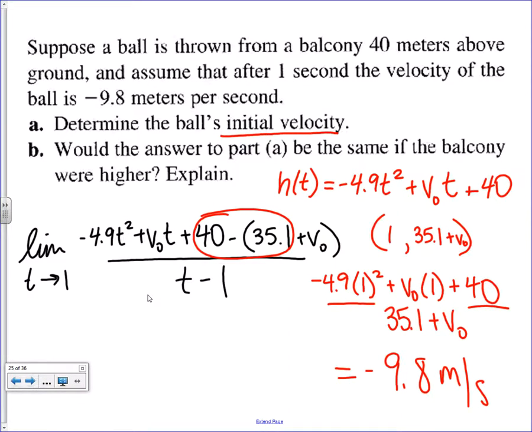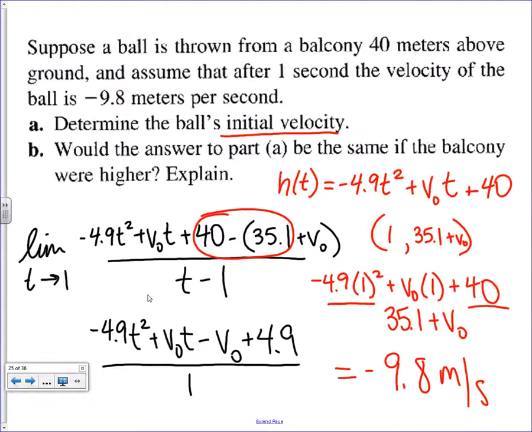Yes? So I get negative 4.9 t squared. I think I'm going to say plus VOT minus VO, and then what is that, 4.9, all over t minus 1. How many terms we got up there? 4. How do you factor something with 4 terms?